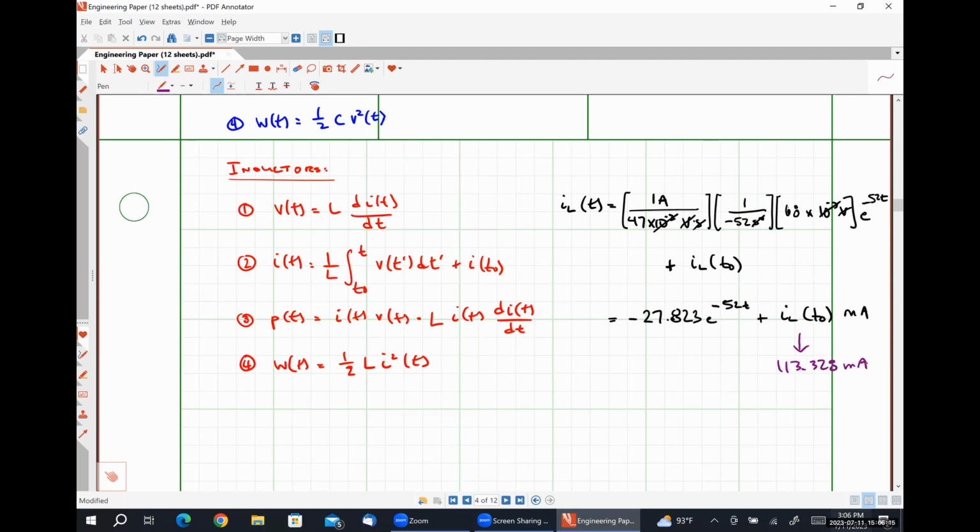And now I would simply plug in my value for time, right? So I_L at 8.4 milliseconds is going to be 113.328 minus 27.823 multiplied by e to the negative 52 times 0.0084.